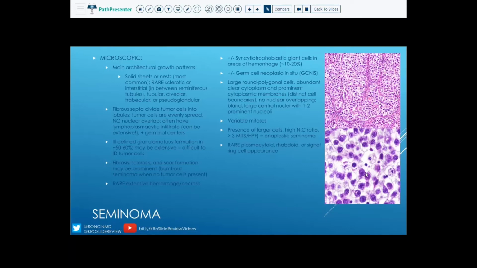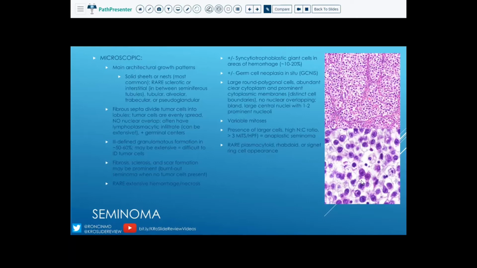The cells themselves tend to be large, polygonal, with very abundant clear cytoplasm. You can have prominent cellular membranes, which this shows. The case that we had was kind of falling apart, so I don't think this was as well appreciated, which is probably a fixation issue. You shouldn't really have nuclear overlapping, and your nuclei, even though they're large, are bland.